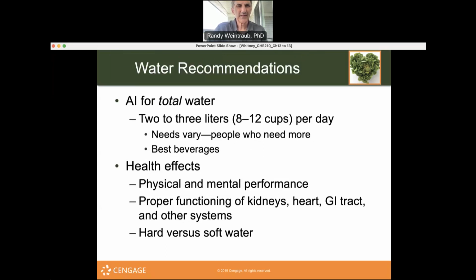So there are adequate intake numbers for us, 2 to 3 liters, that's 8 to 12 cups. This varies from person to person in regard to weight and age, and also, of course, activities and what kind of beverages one consumes.